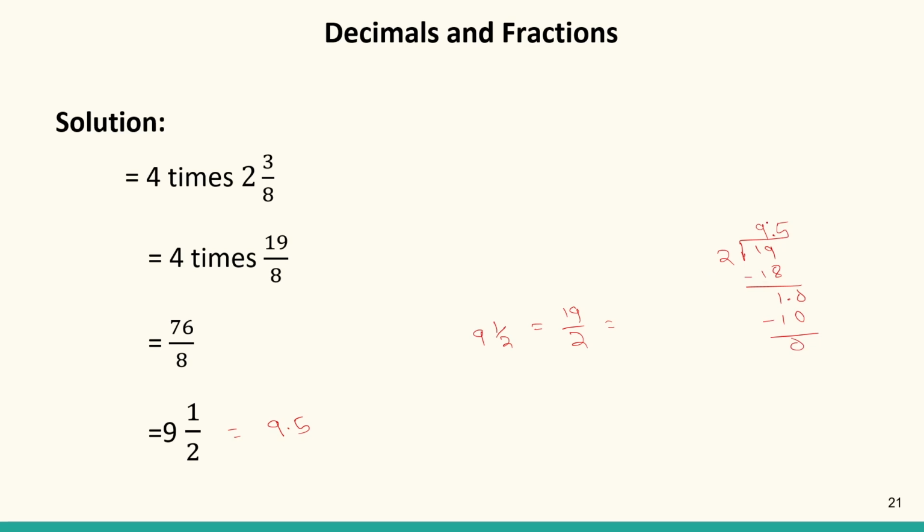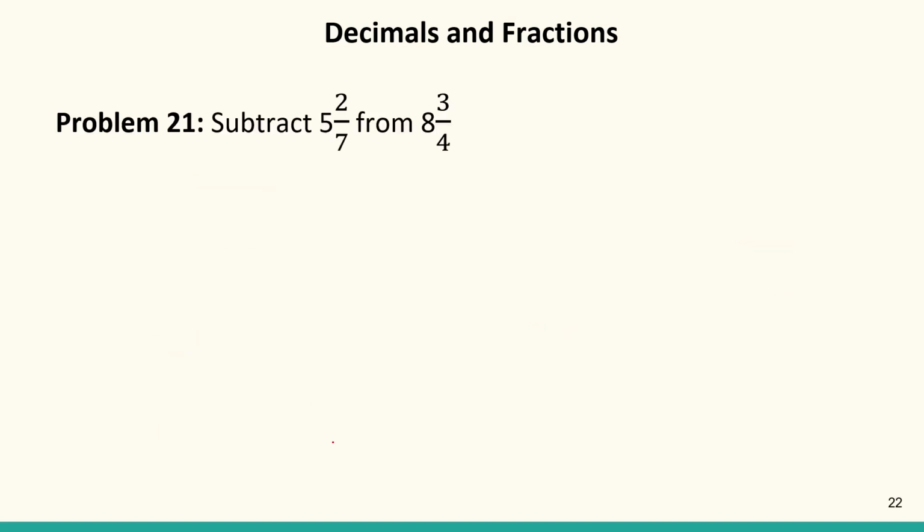That is why 19 by 2 is equal to 9.5. So this is the answer. Let's go forward to the next question.